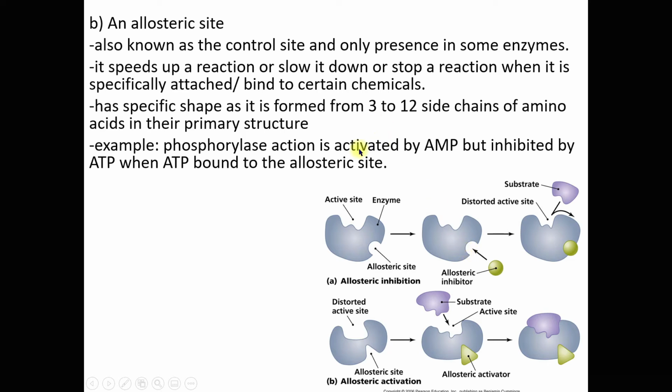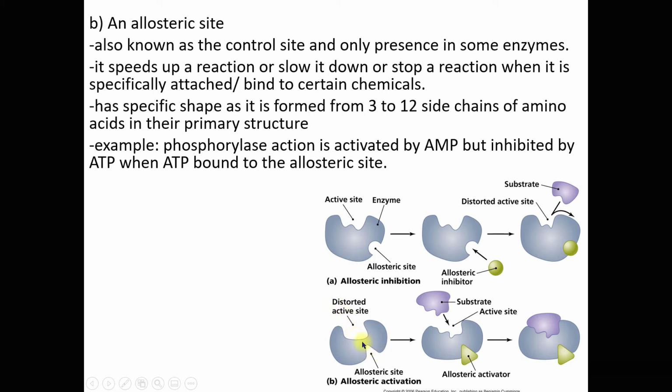Okay, another example is allosteric activation. Meaning to say, the active site of the enzyme is slightly distorted. So when the active site of the enzyme is slightly distorted, substrate cannot bind properly or cannot bind at all.